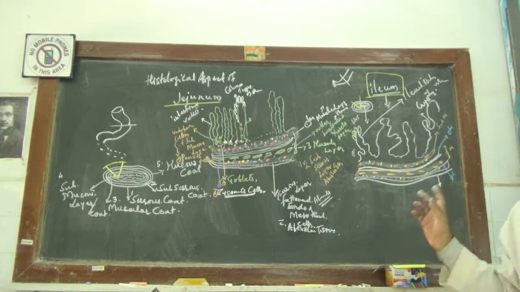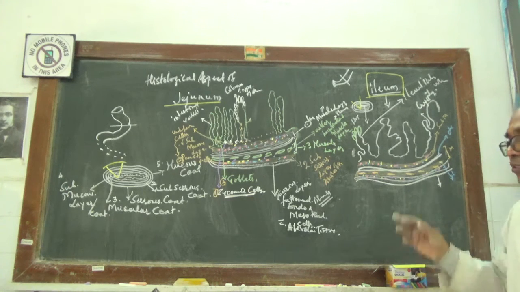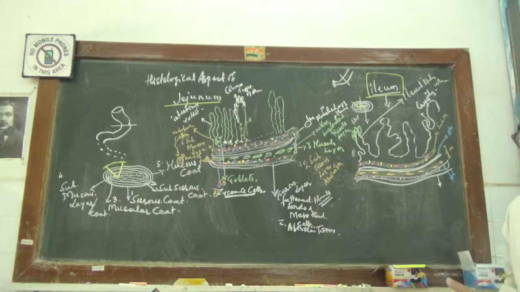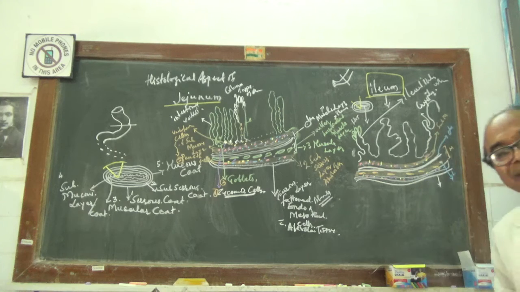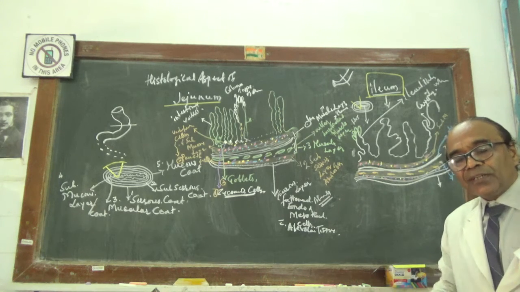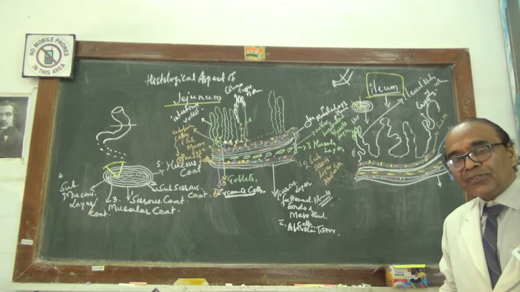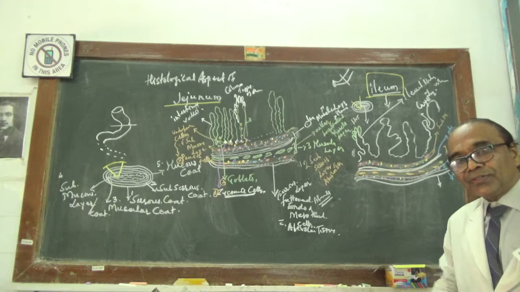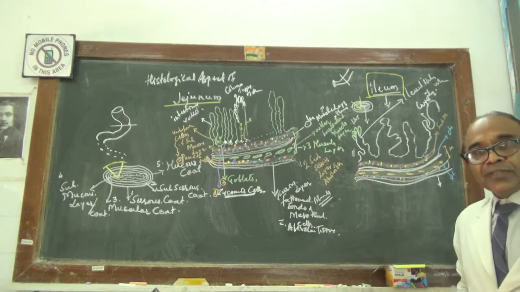So this is how you have to differentiate. Along with this, almost all of jejunum and ileum is over. But after having learnt jejunum and ileum, you should know the differentiating characteristic features of the jejunum from the ileum.